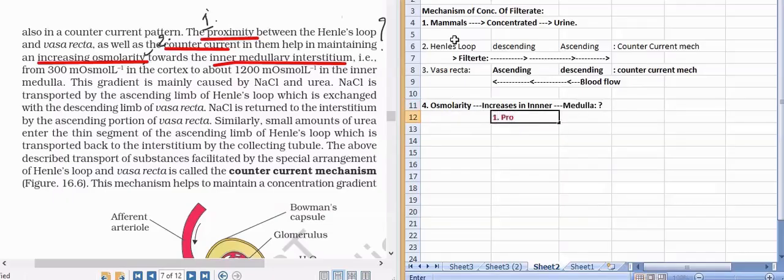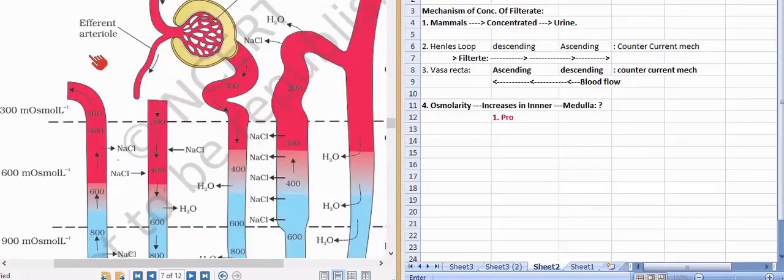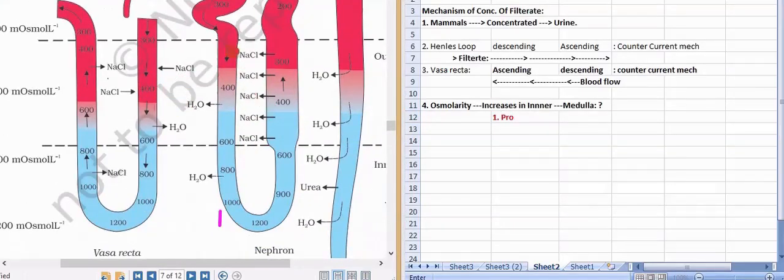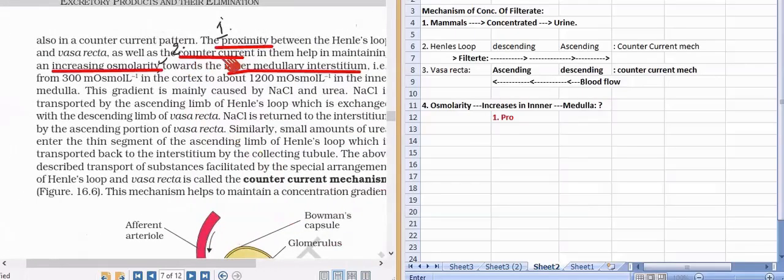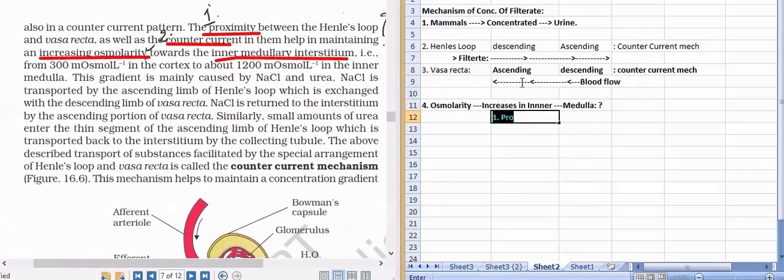They are very near. This is the Henle's loop, going down and upside. Here the vasa recta goes down and upside. It is like totally wrapping. That is the counter current mechanism. While wrapping, one is proximity.